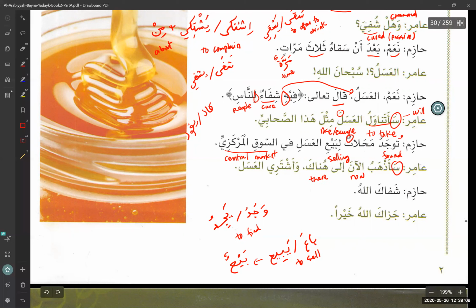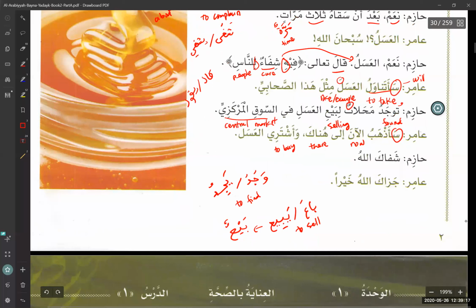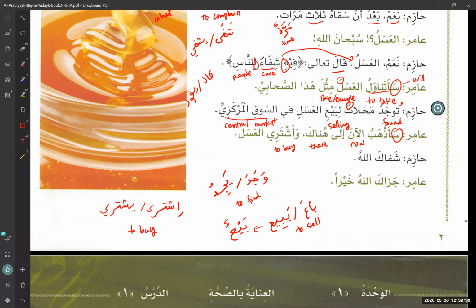So he will go there now. وأشتري, to buy. اشترى يشتري means to buy. So I'll go there now, and I'll buy al-asal, the honey.